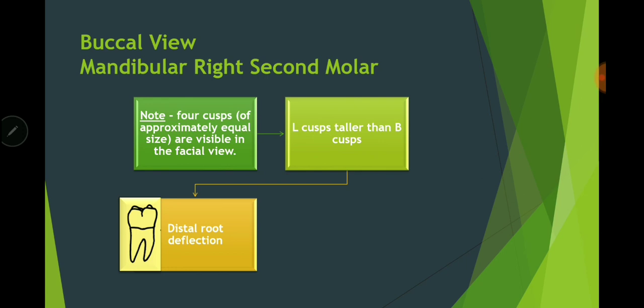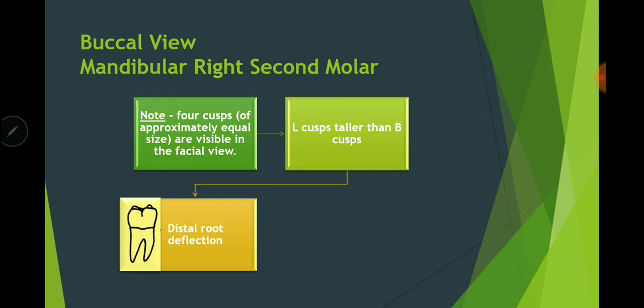When you look at the mandibular second molar, you have four cusps, which are approximately equal, and they are all visible in the facial view. In the lingual view, you can see all five cusps of the mandibular first molar, and in the facial or buccal view of this one, you can see all four cusps.